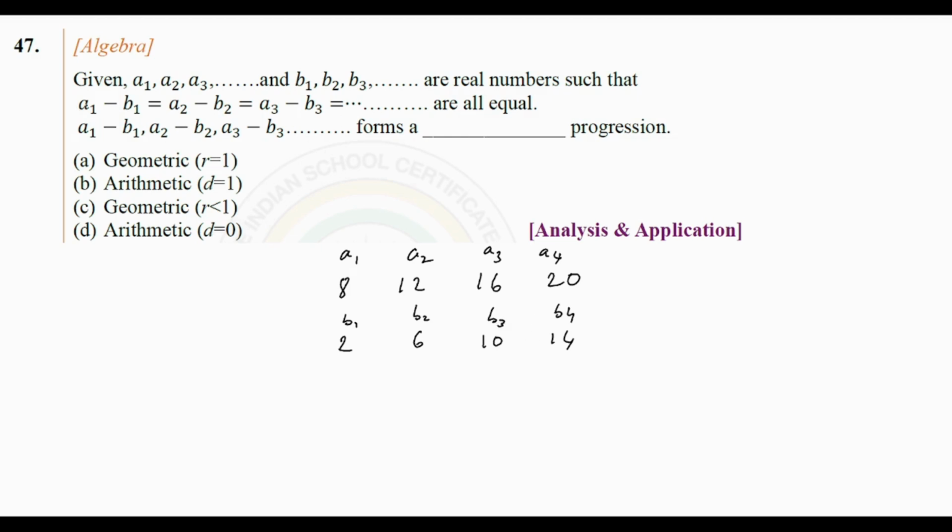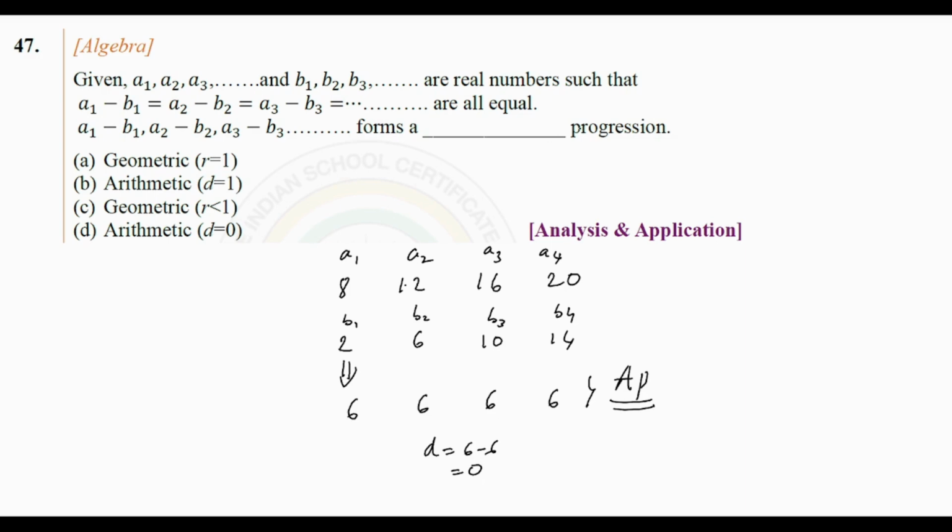Now I'll find the difference. 8 minus 2 is 6, 12 minus 6 is 6, 16 minus 10 is 6, 20 minus 14 is 6. Clear? So they form 6, 6, 6, 6. Obviously they form an AP. What is the common difference here? It is 6 minus 6, that is 0.